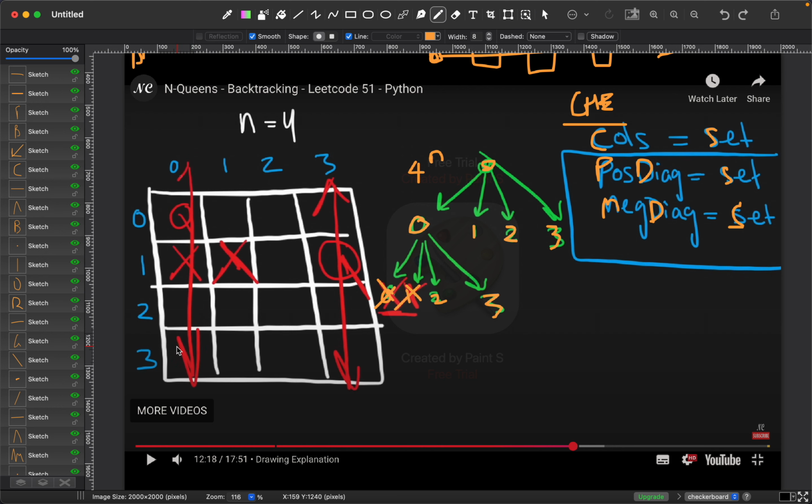This value is maybe 3. If you do a row plus column, it has this constant value, which is 3: 3 plus 0 is 3, 2 plus 1 is 3. And if you realize, it's always the same value.